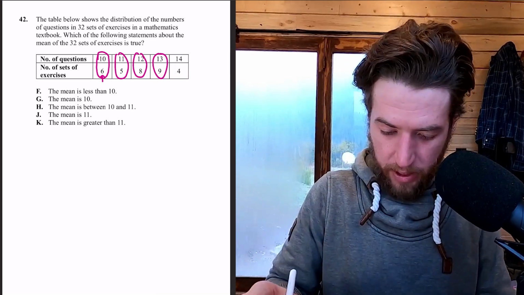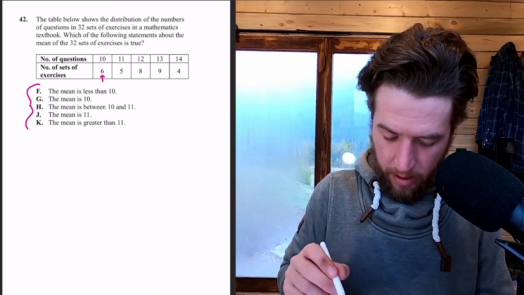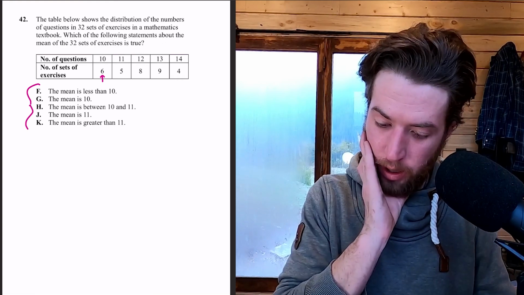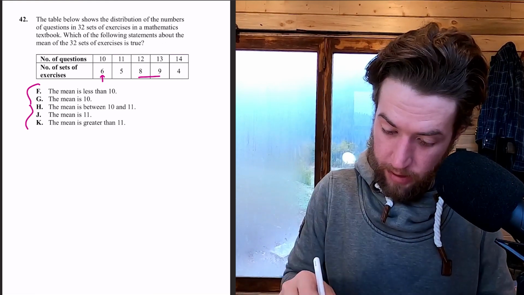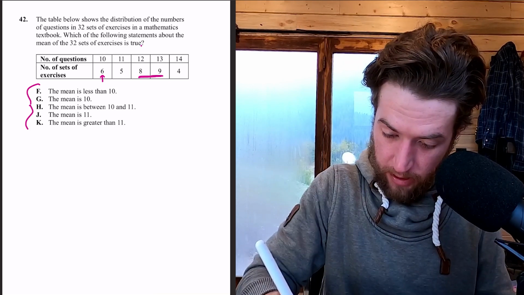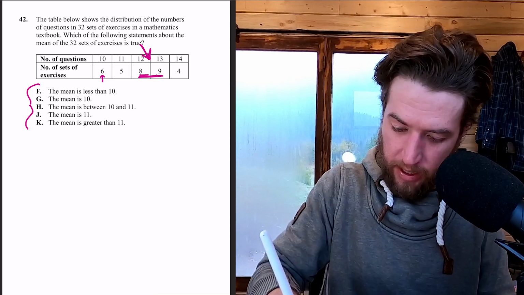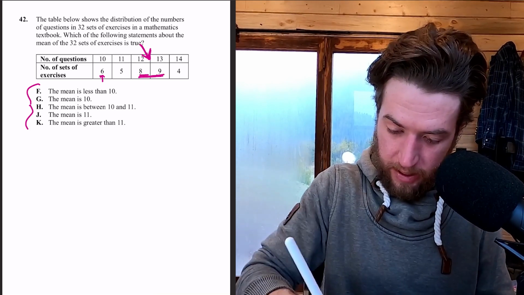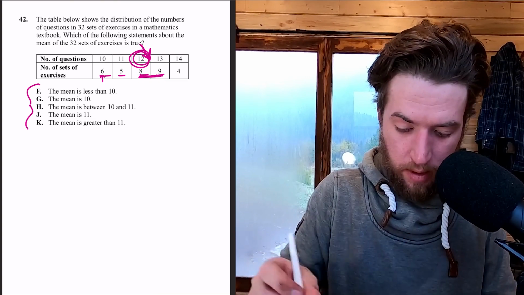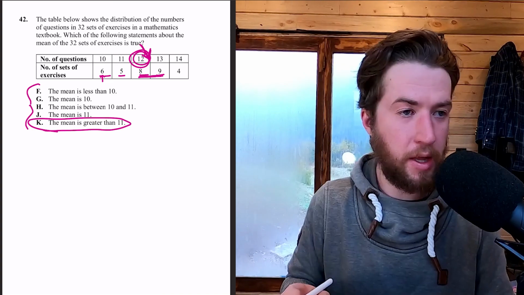I don't think we need to do that because this is just asking for like ranges. See what I'm saying? So it's like, is it big or small? Well, it looks like it's leaning this way. If I were to guess, the mean's leaning this way because of 8 and 9 and then 6 and 5 relatively. So I think we're going to be bigger than 12. All right. I mean, the mean is definitely going to be greater than 11. That's like, come on now. Okay. I should have just read that one. On to the next.